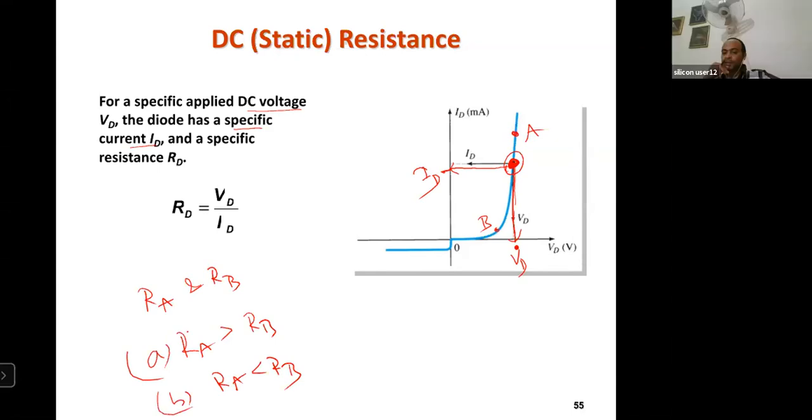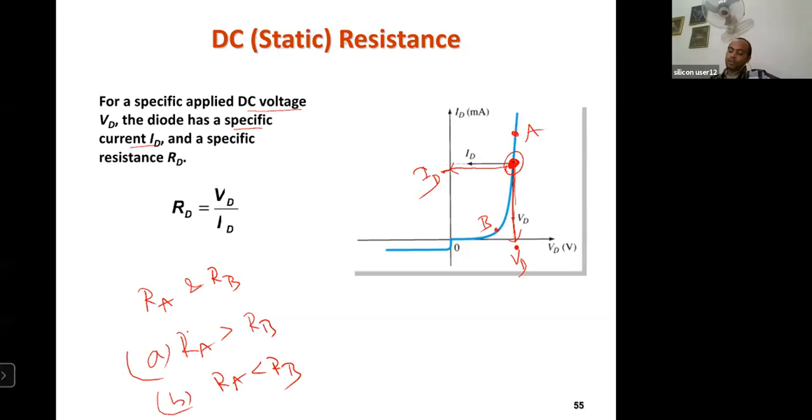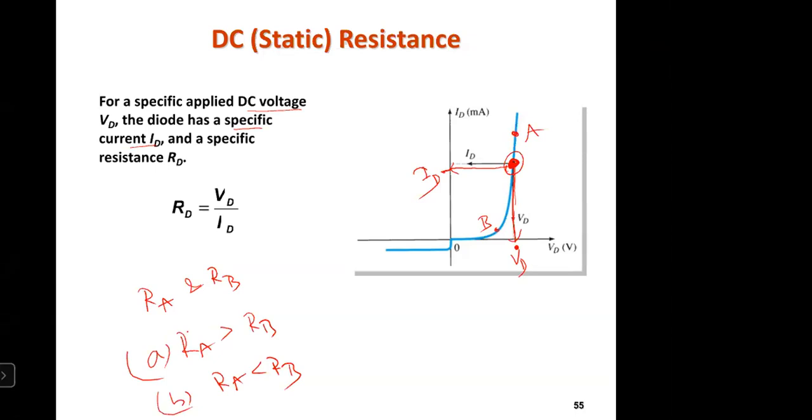Yes, sir, because at point A, tan theta is more than at point B. Tan theta is the slope. All of you agree? Option A is correct. How many of you agree? Sir, I don't agree, because you take anti-clockwise theta. Listen, just a minute.